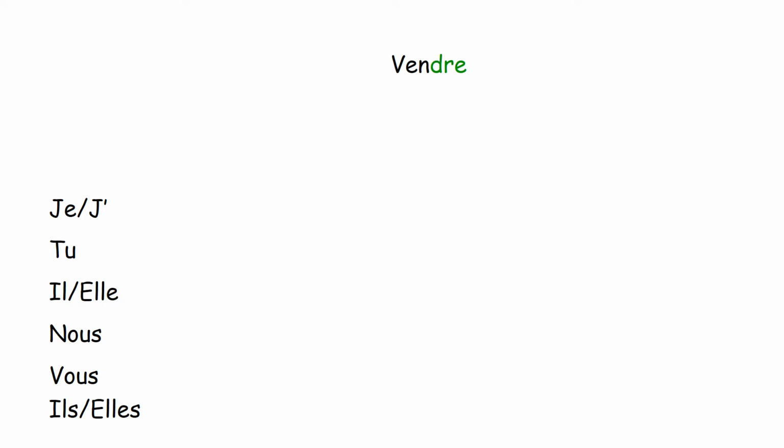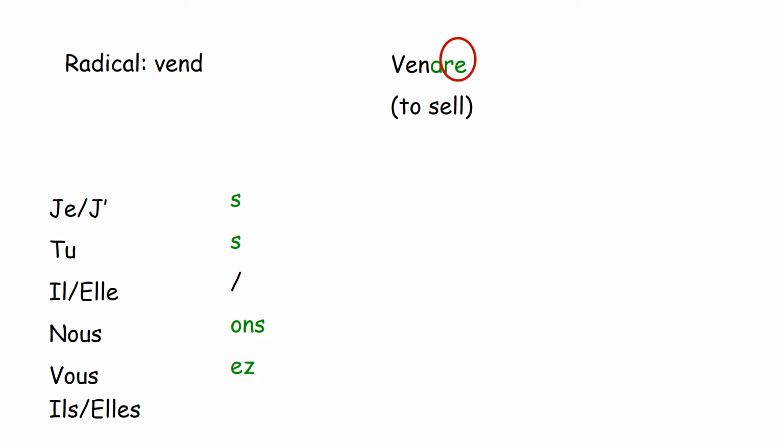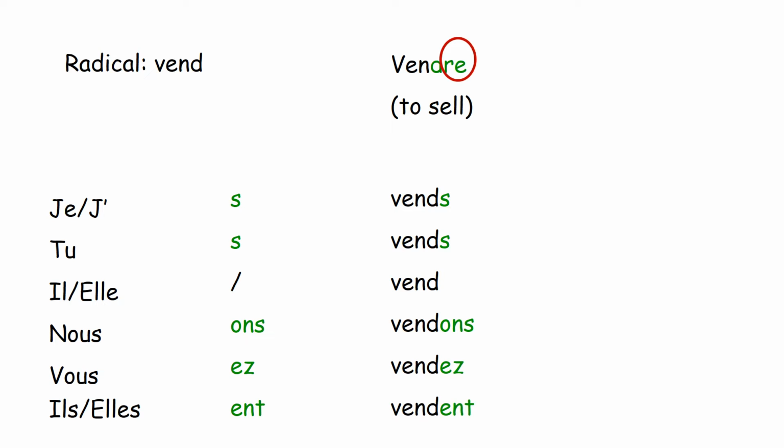Let's take the verb vendre, which means to sell. We remove RE and we add the endings according to the subject pronoun. Je vends, tu vends, il or elle vend, nous vendons, vous vendez, ils or elles vendent.